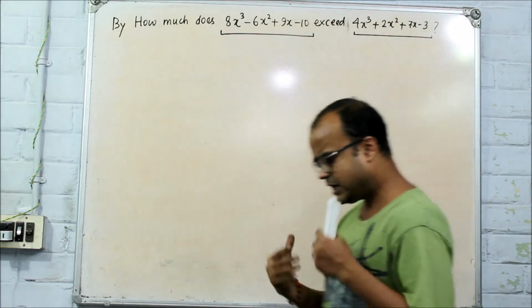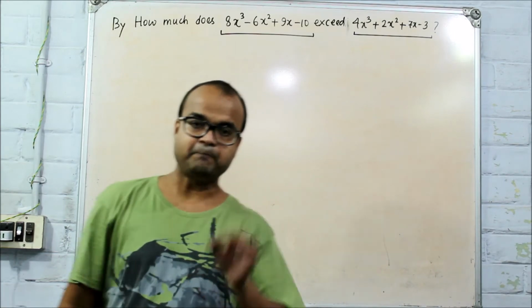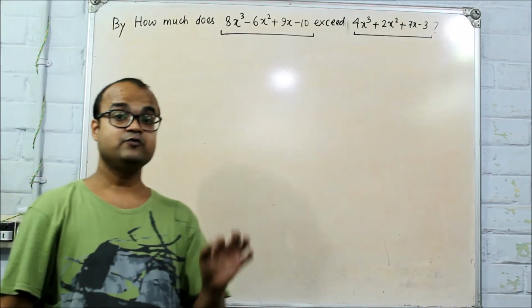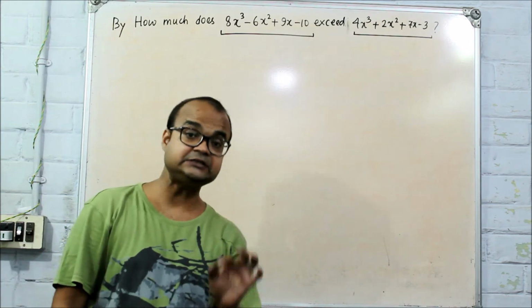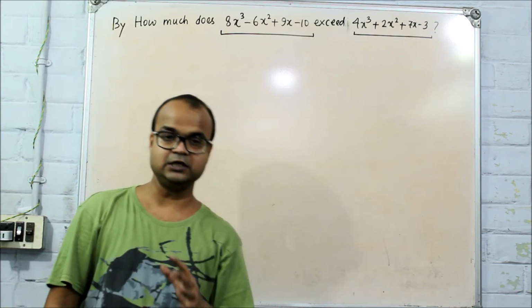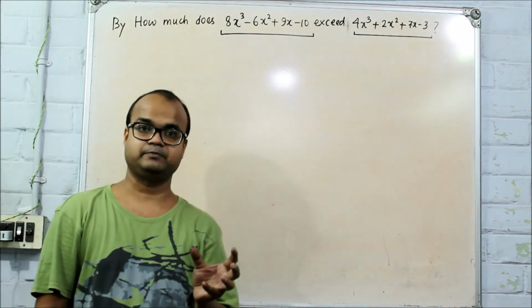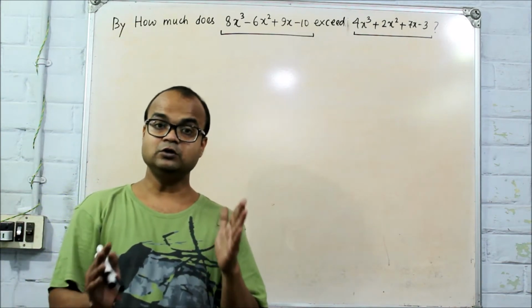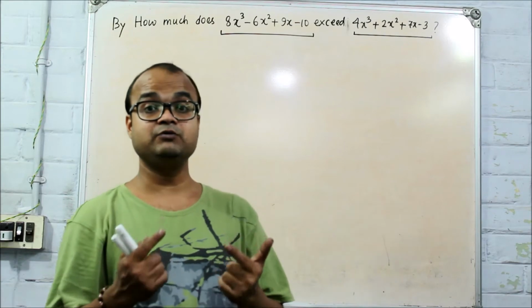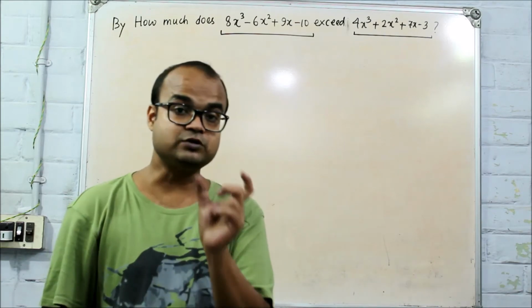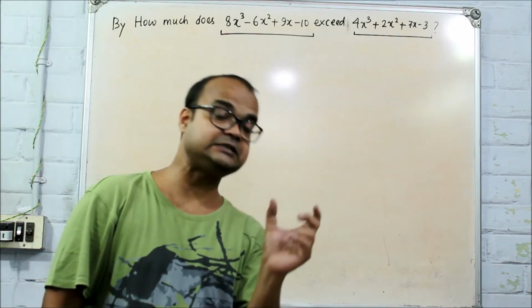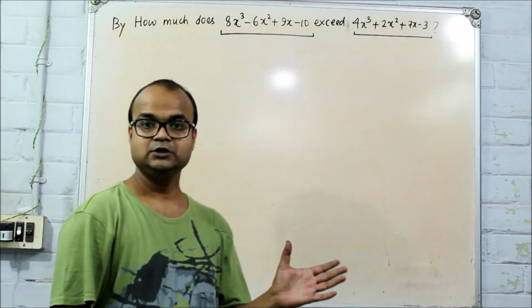Suppose I ask you a simple question: by how much does 15 exceed 10? That means I am asking you the difference between 15 and 10. Clear? So what will be your answer? Your answer will be 5, because 15 minus 10 is equal to 5.